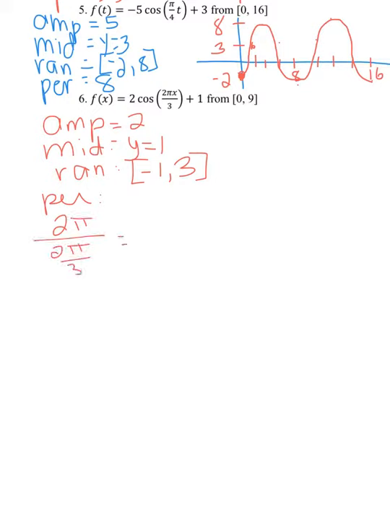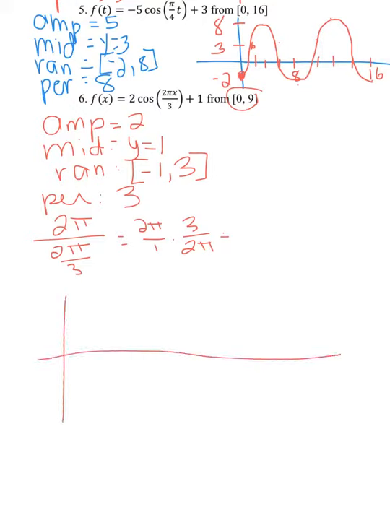So when I do keep, change, flip, I get that the period is equal to 3. So I'm graphing this from 0 until 9, so that means you're going to end up seeing 3 cycles on this interval.